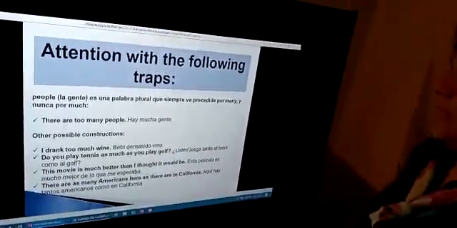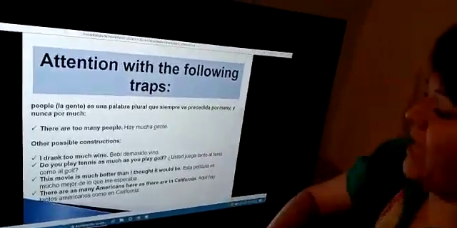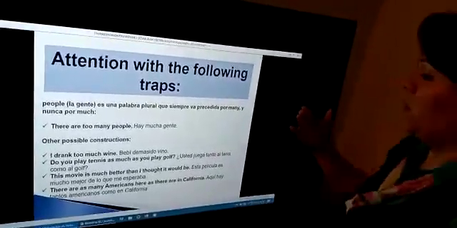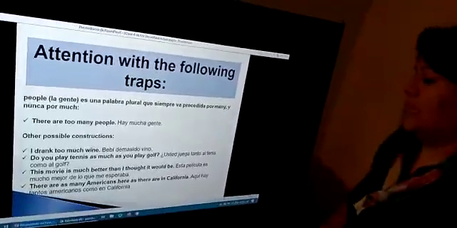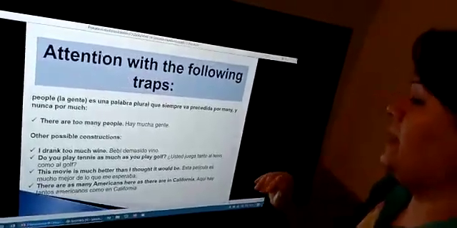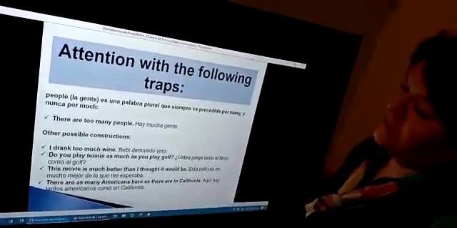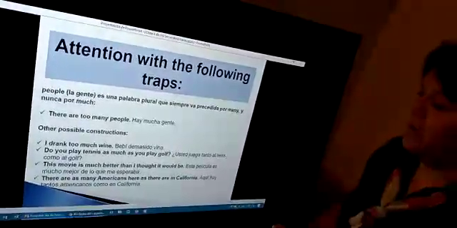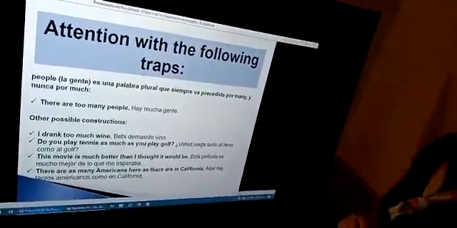Okay? Next is, this movie is much better than I thought it will be. En Spanish say, esta película es mucho mejor de lo que me esperaba. The last is, there are as many Americans here as there are in California.